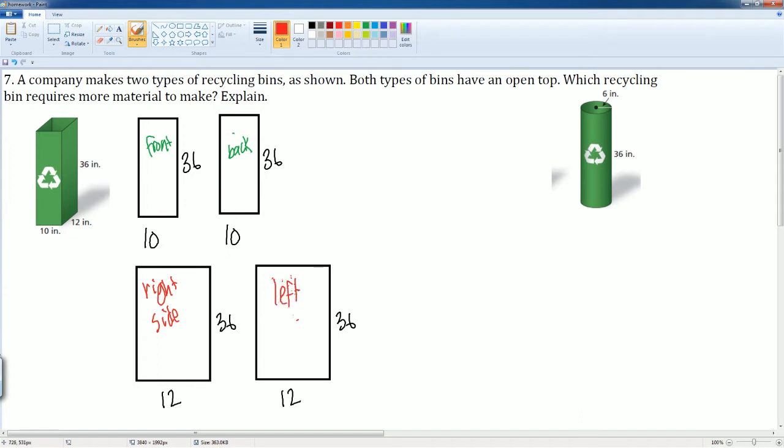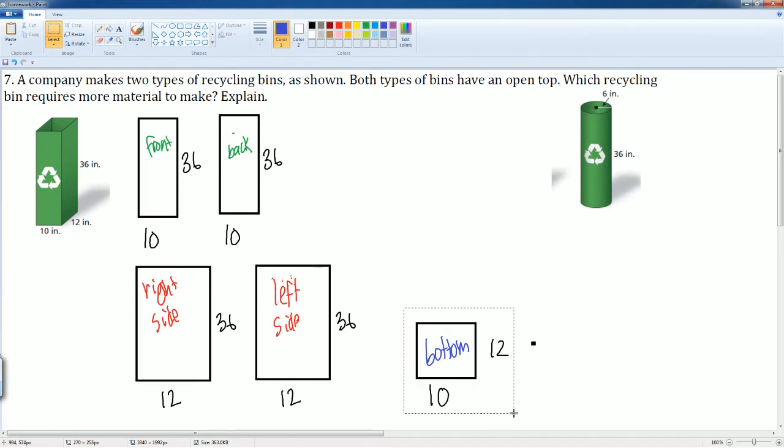Now we need the bottom. The bottom is also a rectangle, and it is 10 by 12. Normally we have one more, but remember, it says there's an open top.